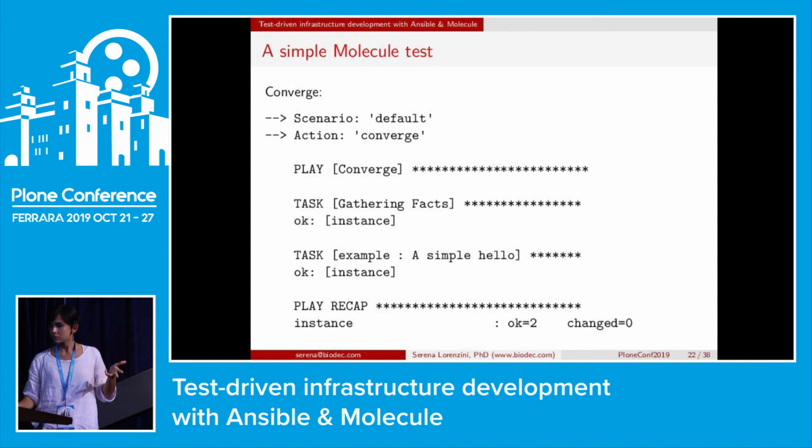The default scenario is the Docker instance, and the converge phase runs the role in this instance.